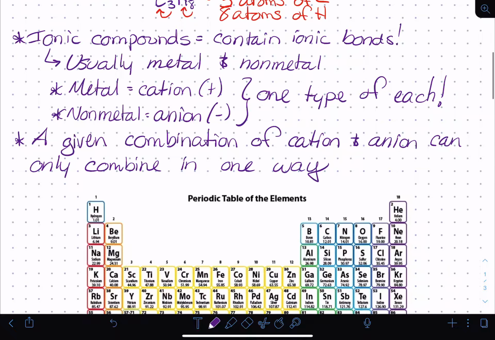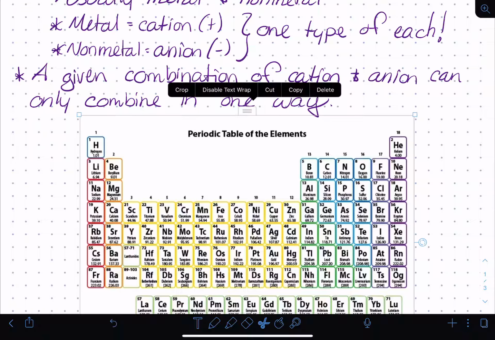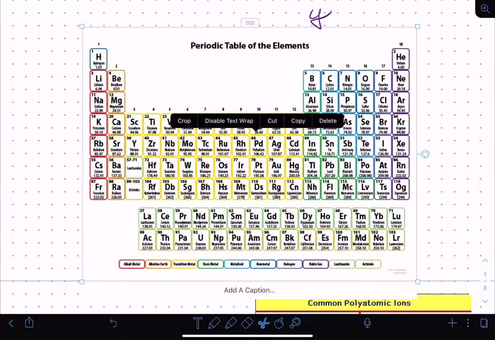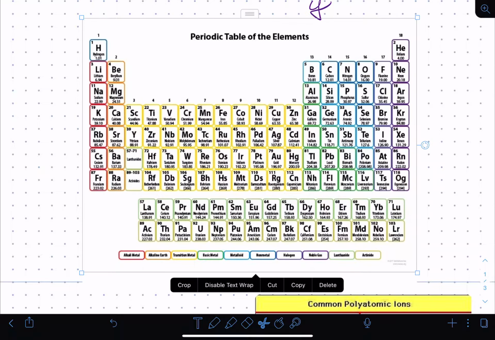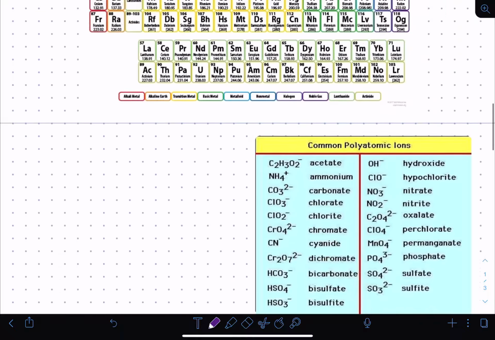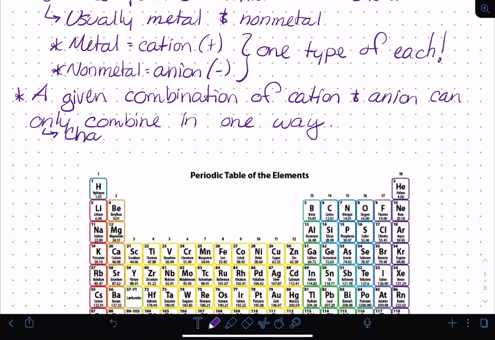So the reason for that is that we know ions have charges. That's what makes an ion an ion. But an ionic compound must have an overall charge of 0. So the charge on our compound as a whole must add to 0.